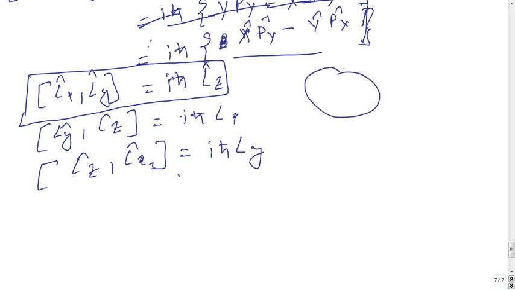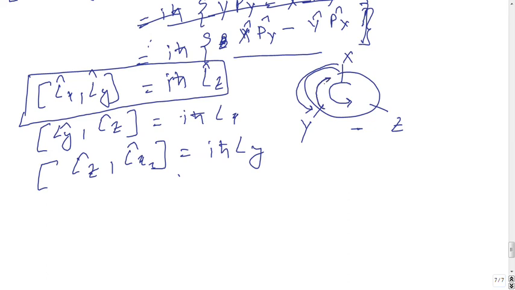An easy way to remember all this is to draw a circle and denote the x, y and z components on it, and mark the counterclockwise direction as the positive direction. Then the commutation between Lx and Ly gives me plus iħ Lz.